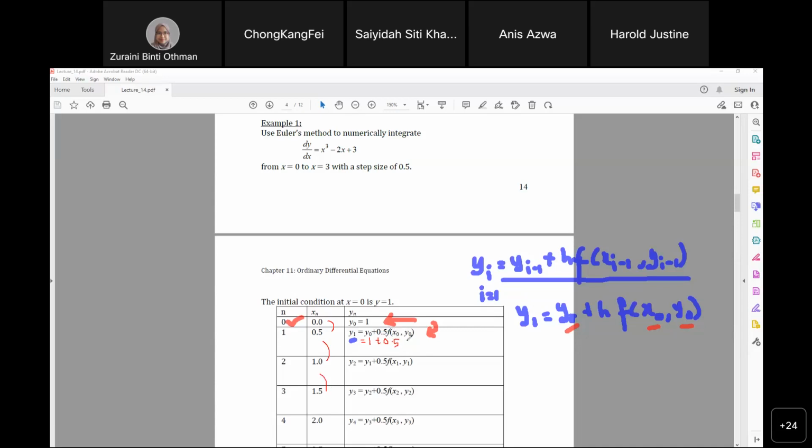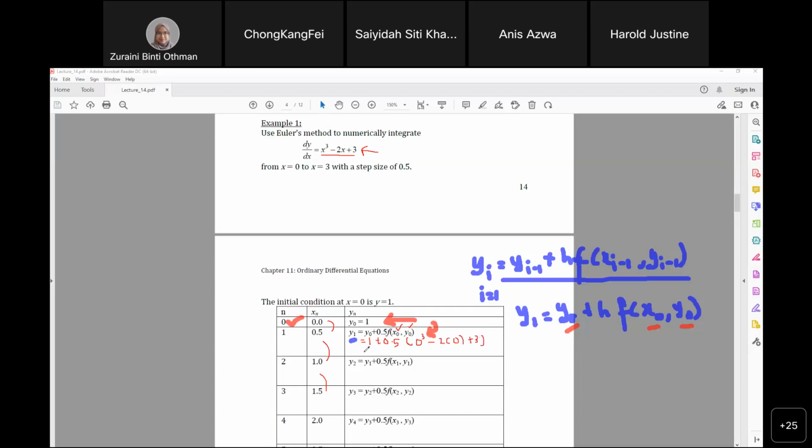Okay, what is f(x0, y0)? Look back at our equation, then put the value of x0, y0 inside it. Which means x kuasa 3, x kita ialah kosong. Jadi kosong kuasa 3 tolak 2 kali dengan kosong campur 3.